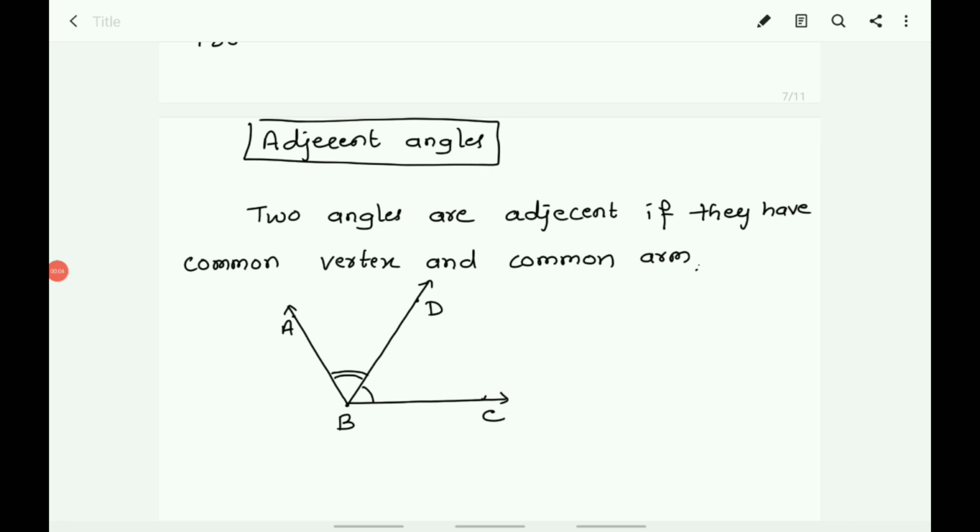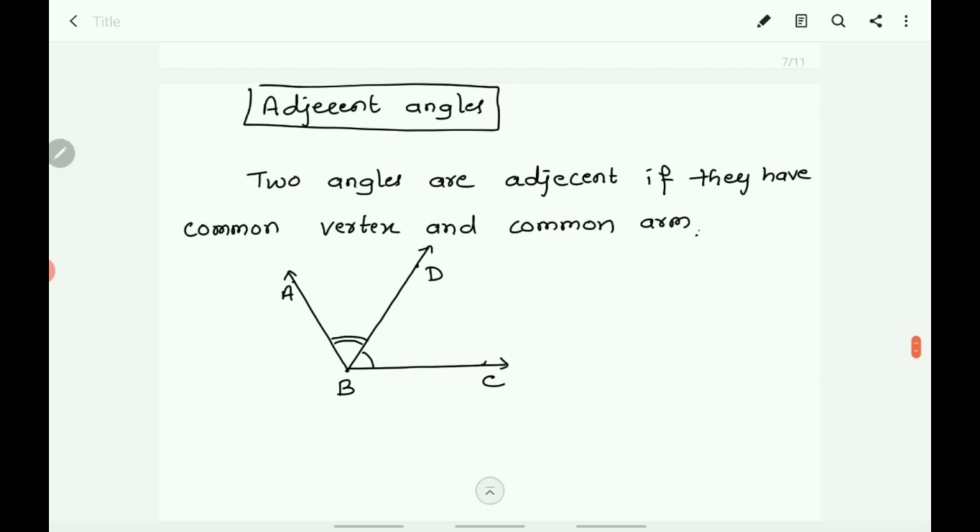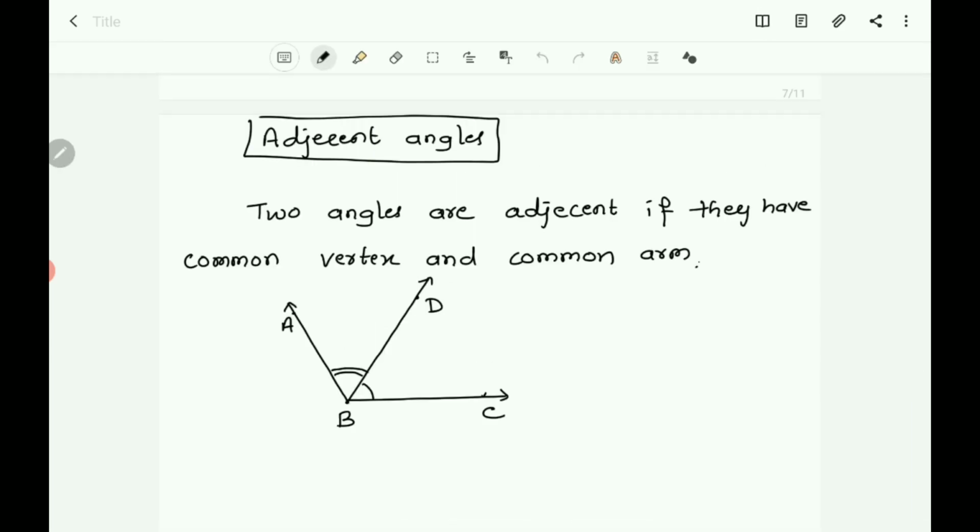The next type of pair of angles is adjacent angles. So what are adjacent angles? See here, angle ABD and angle DBC are adjacent angles. How?